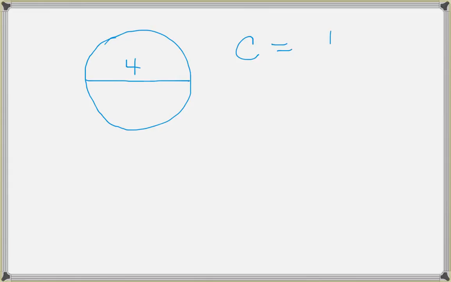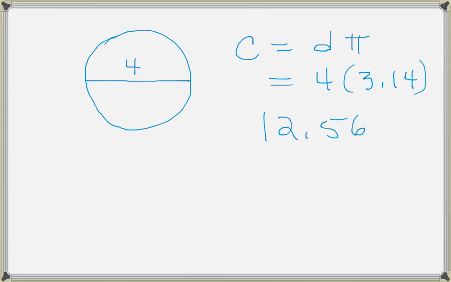This one is on page 258. It gives you a picture of a circle with the diameter marked. So the circumference would be diameter times pi. So we would say 4 for diameter times 3.14. We would take our calculators and do 4 times 3.14, and we would get 12.56.